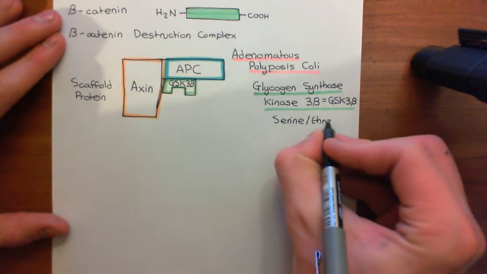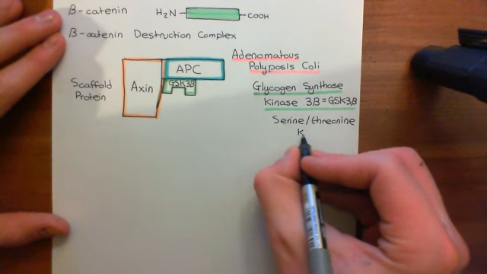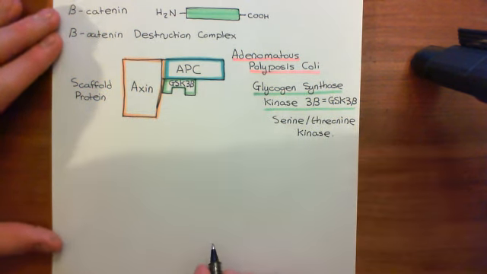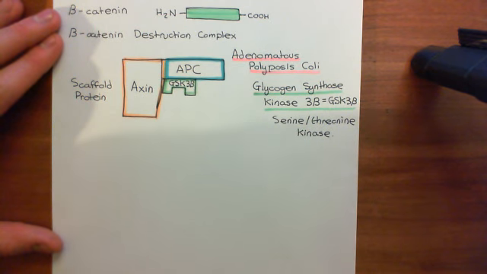So let's take a little time out to discuss what serine threonine kinase enzymes actually are. We'll start by discussing what serine and threonine residues within proteins are, and then what a kinase enzyme is going to do to these residues.